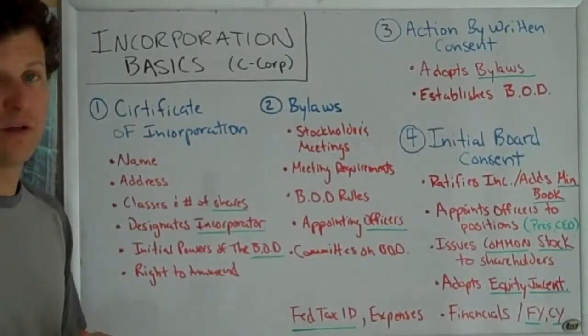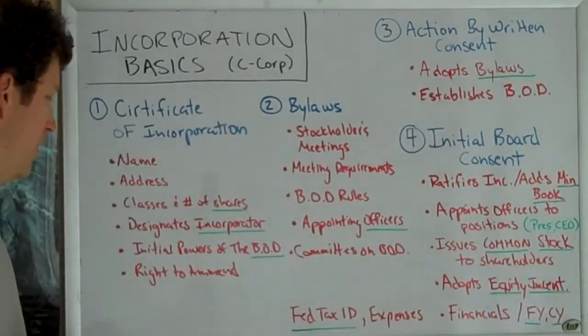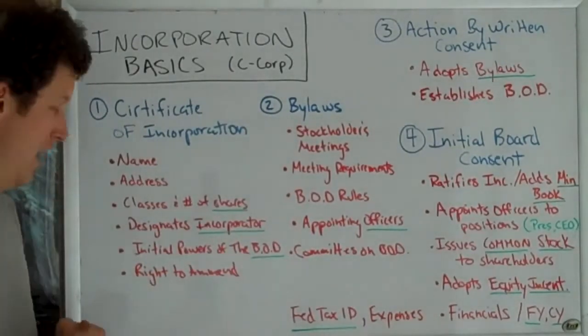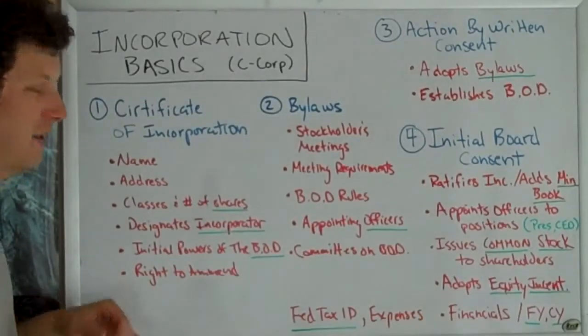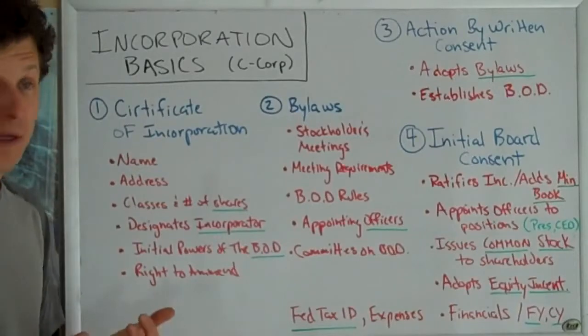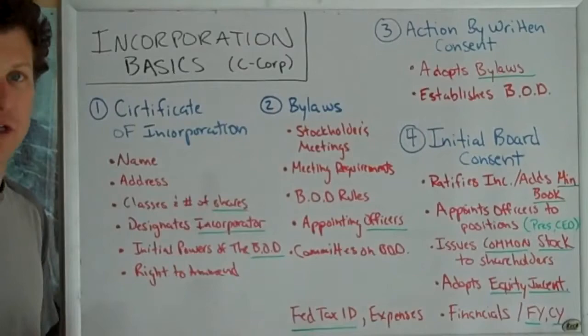This designates one person as the incorporator, the person that's actually executing the incorporation. It also establishes the initial powers of the board of directors, and it gives you the right to amend the certificate or the articles of incorporation over time.